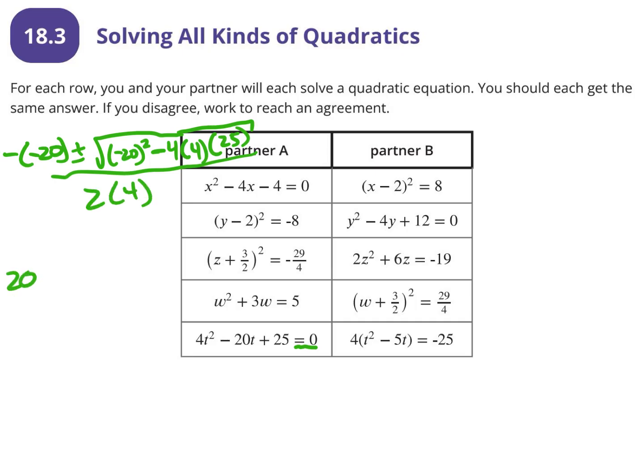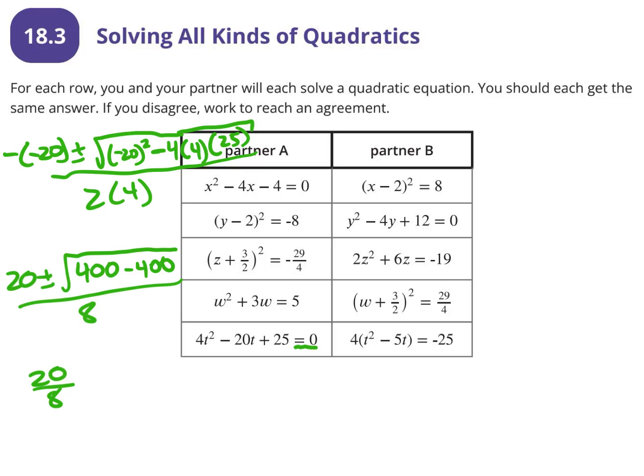Okay, we get 20 plus or minus, 20 squared is 400. 16 times 25 is 400. Over 8 is 20 over 8, because 400 minus 400 is 0.